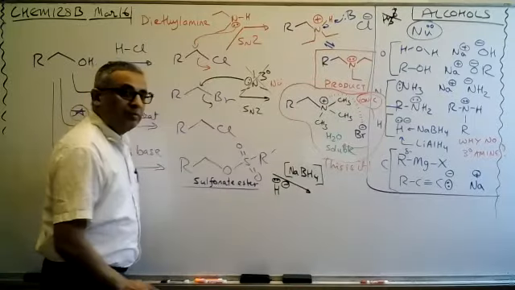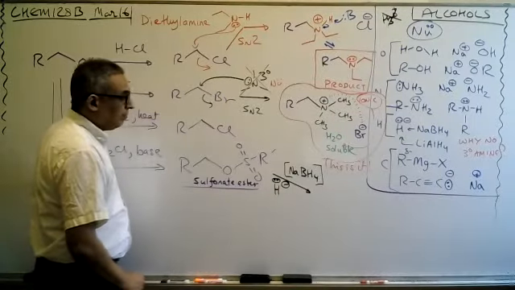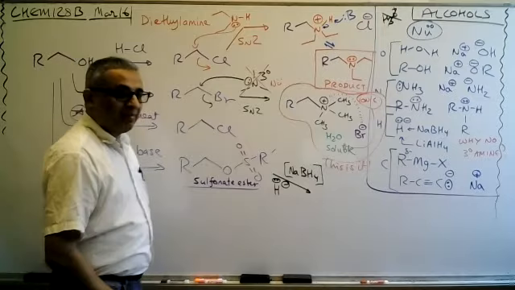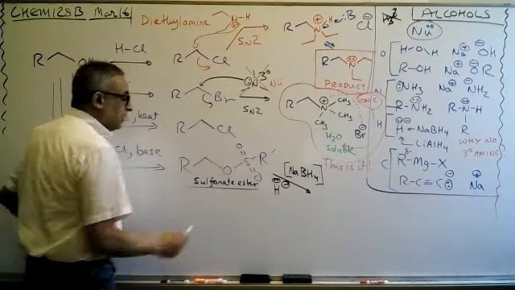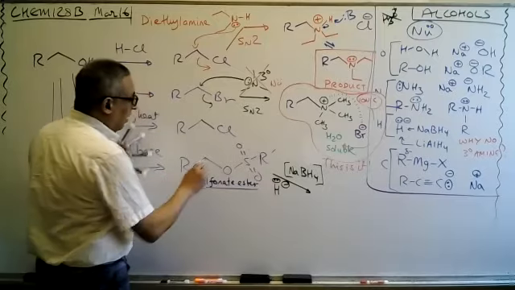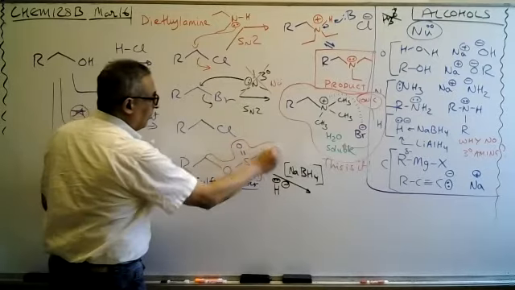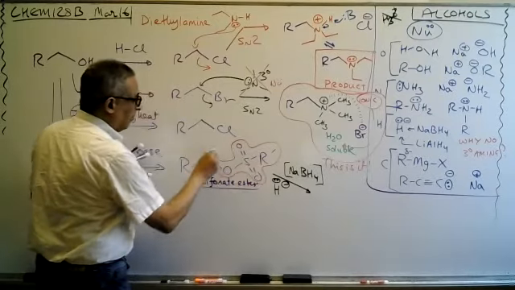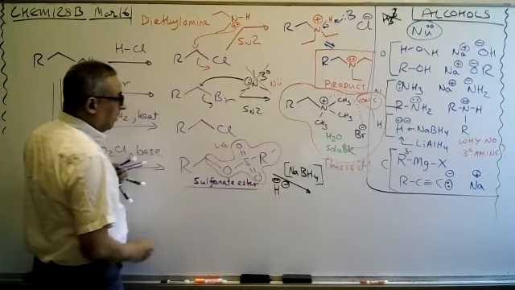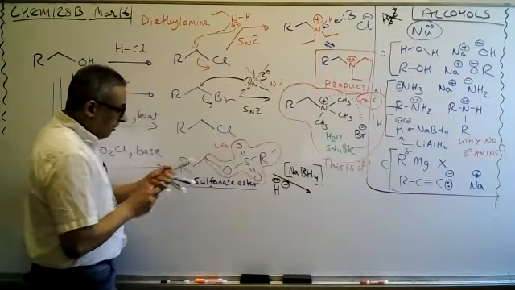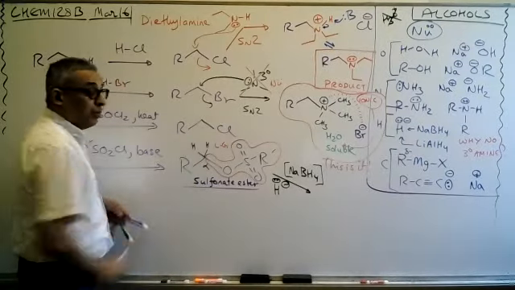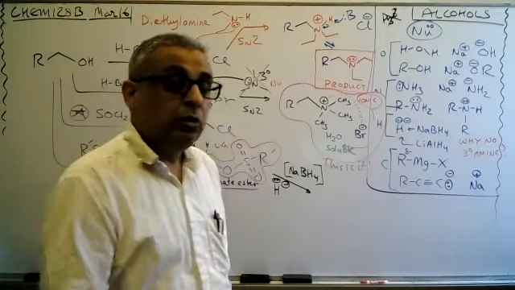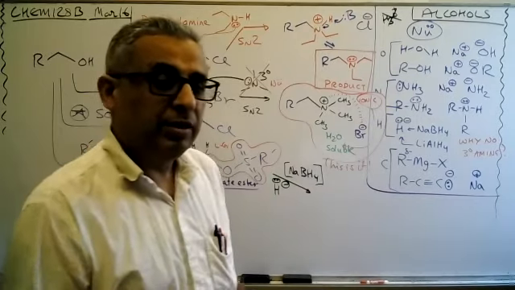SN1 or SN2? What kind of alpha carbon is this, where the leaving group is? This is the leaving group. This whole thing is the leaving group. And that's your alpha carbon. How many alpha hydrogens are there? 2. If you have CH2, is it a primary, secondary, or tertiary?